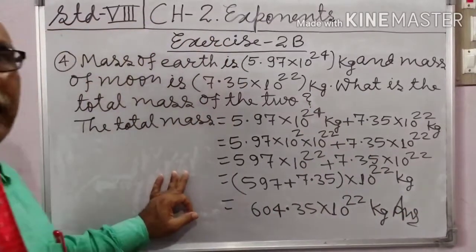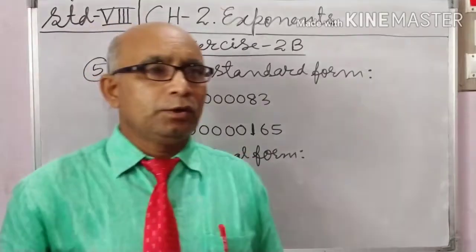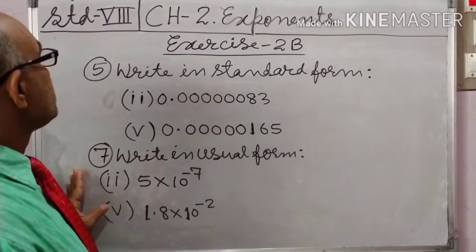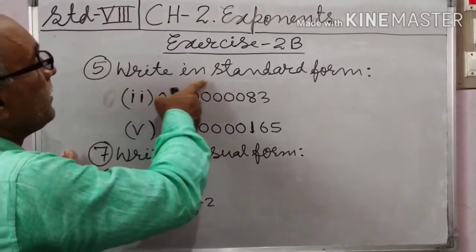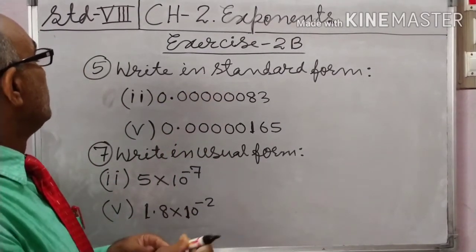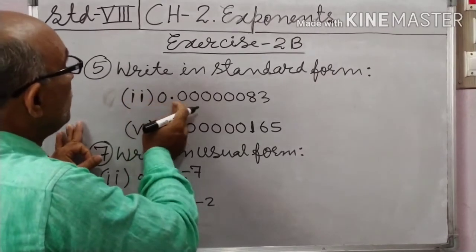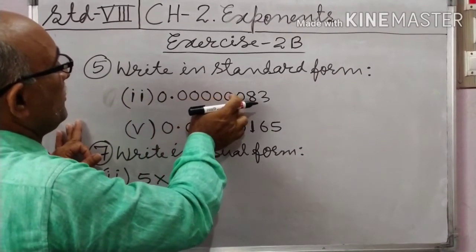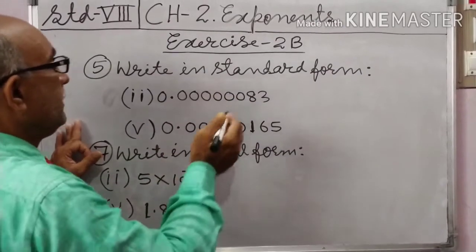Answer of this question. Right, students, two questions are written on this board, question number 5 and question number 6. In question number 5, write in a standard form. Question number 2, 0.00000083.